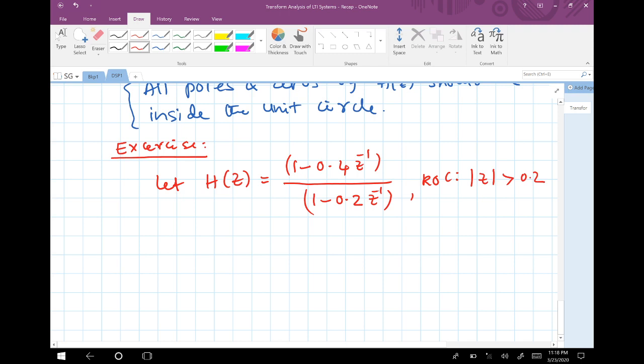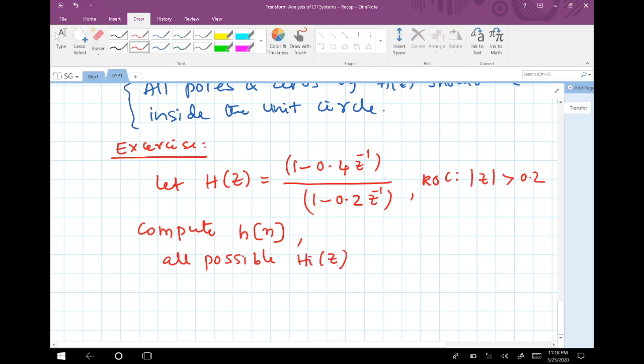Now given this, compute the equivalent time domain discrete time sequence h(n), and also compute all possible Hi(z).